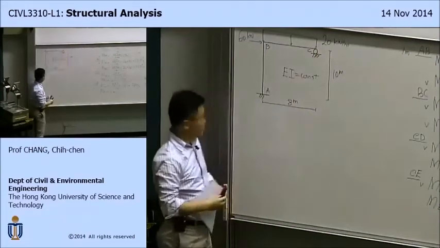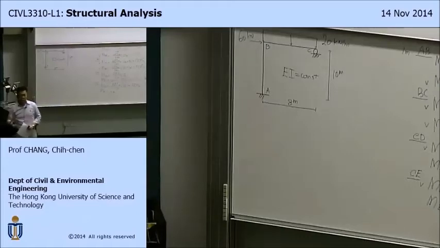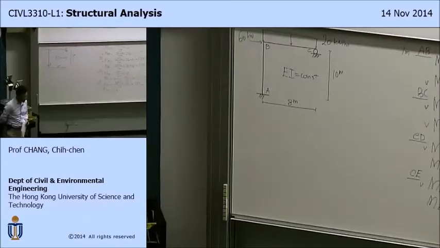All right, let's try this out. See how we handle degrees of freedoms involving translation. So apparently, I want you to model the structure using two components, one vertical, one horizontal.